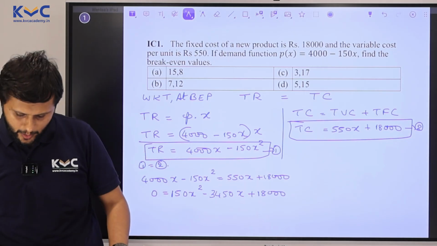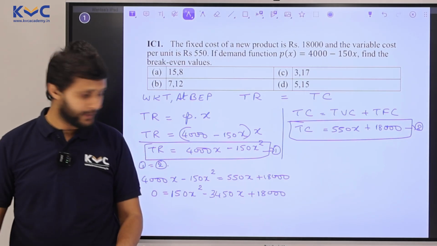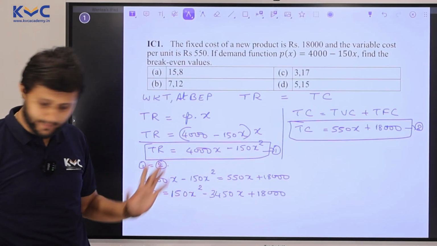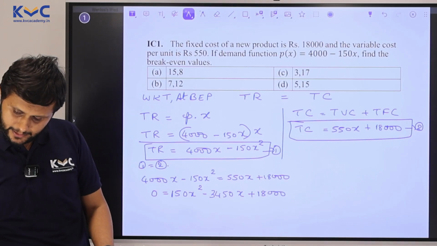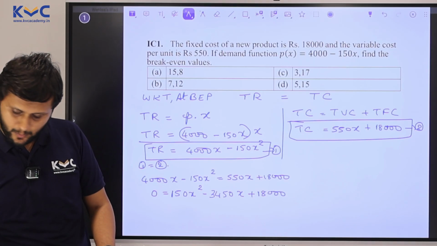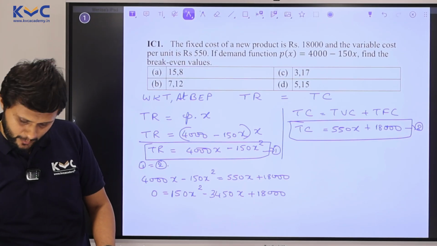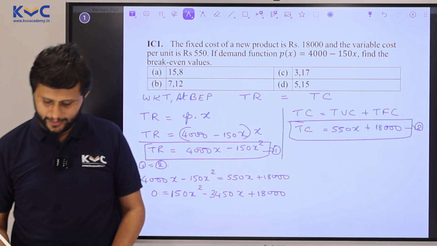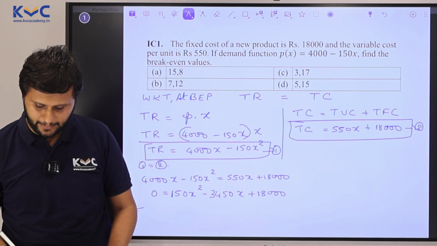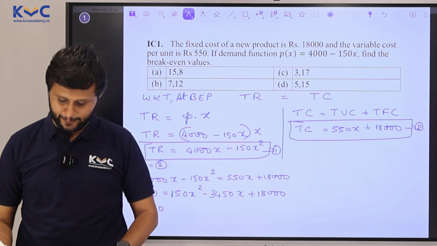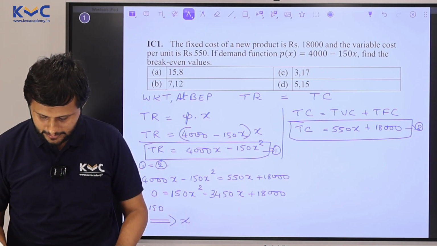Now if you see, these all are divisible. Let me see if I can divide everything by 150 directly. 18,000 definitely I think we can. 18,000 divided by 150 will give you 120. 3450 is my only concern now. Yes, it goes. So what we'll do is we'll divide everything by 150. We get 150 divided by 150 is just x square.